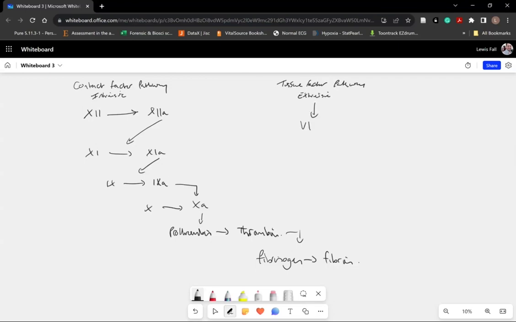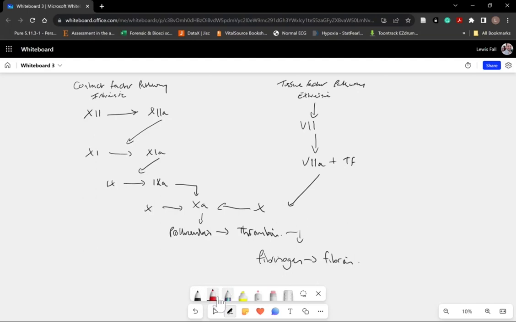Tissue factor pathway is when factor 7 comes into contact with tissue factor. So factor 7 goes to 7A activated plus tissue factor. That, let me do this, turns 10 into 10A.